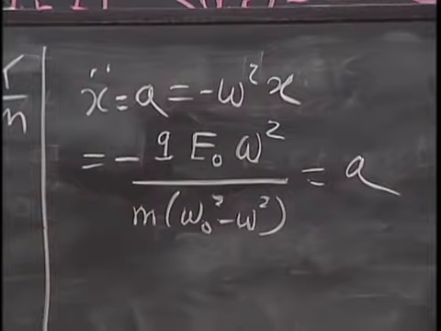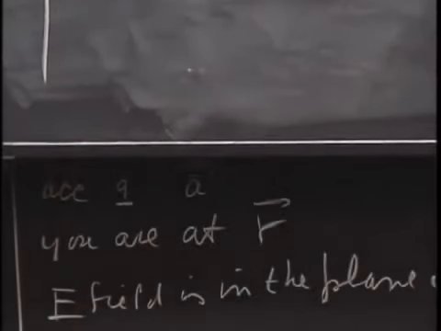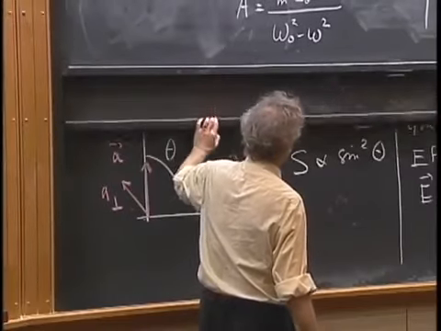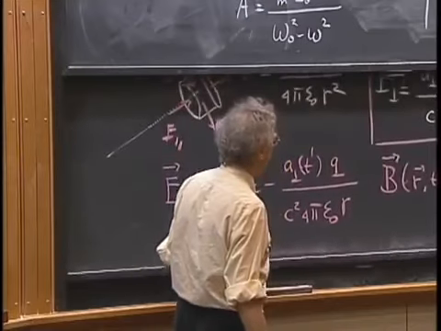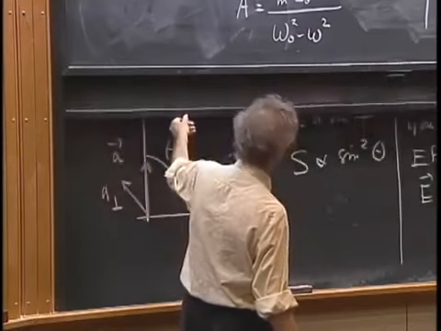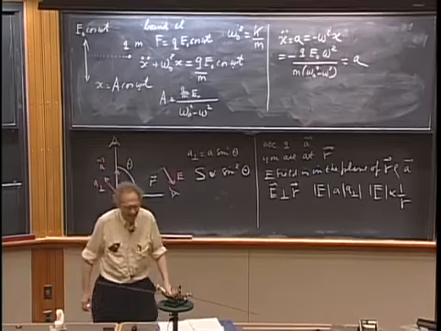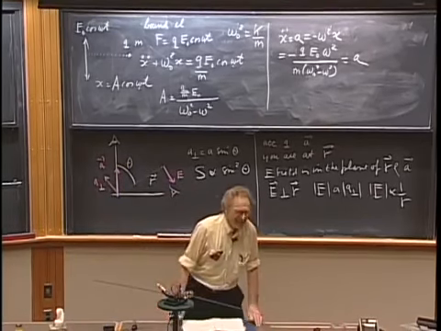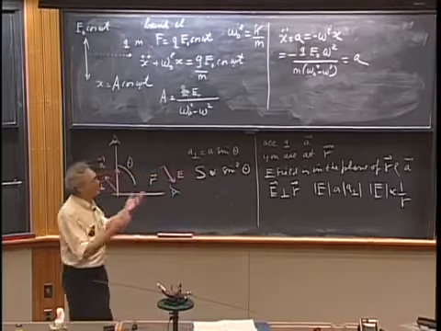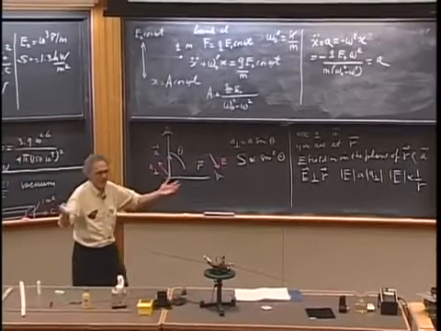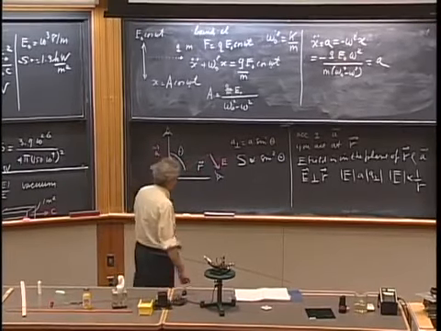But now I know how much power goes into that field. So the total power that is radiated is proportional to A squared. I hope you remember that. I erased the wrong part of the blackboard.